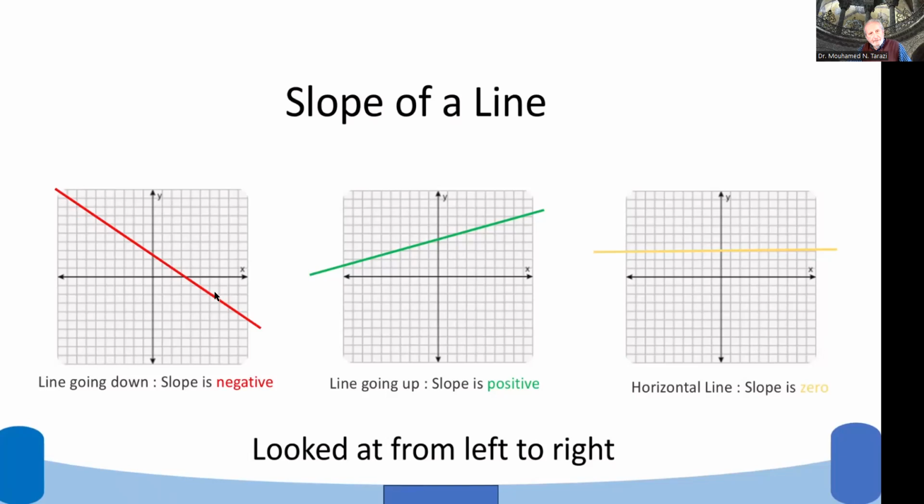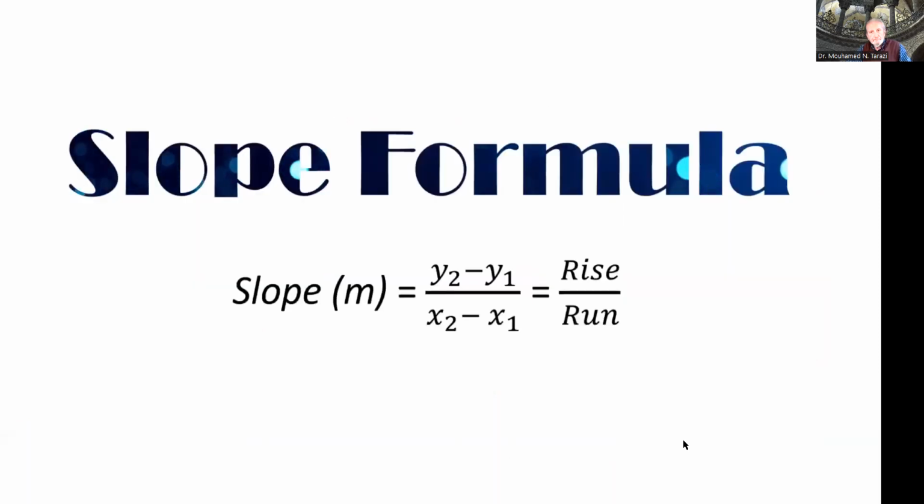When you look at the line from left to right, if it's going down, the slope is negative. If it's going up, looking at it from left to right, the slope is positive. Horizontal, slope is 0.